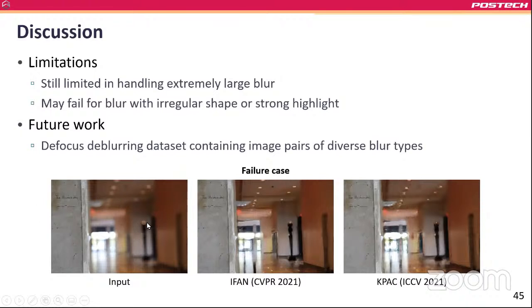In those cases, like irregular shapes or strong highlights, our technique may have some difficulty. Probably in the near future, we can generate a dataset containing various types of defocus blur, and then hopefully we will be able to handle more general kinds of defocus blur.